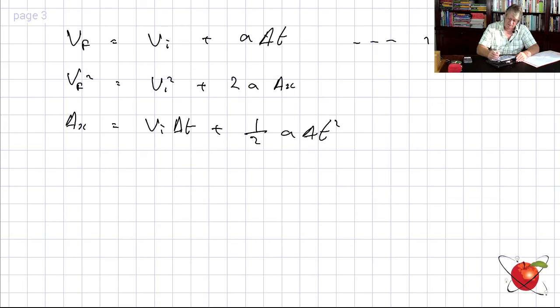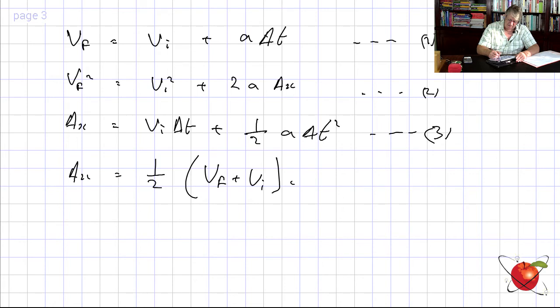This is equation 1, this is equation 2, and this is equation 3. Doesn't matter what order. And delta x is going to be equal to a half (Vf plus Vi) times delta t. That's equation 4.